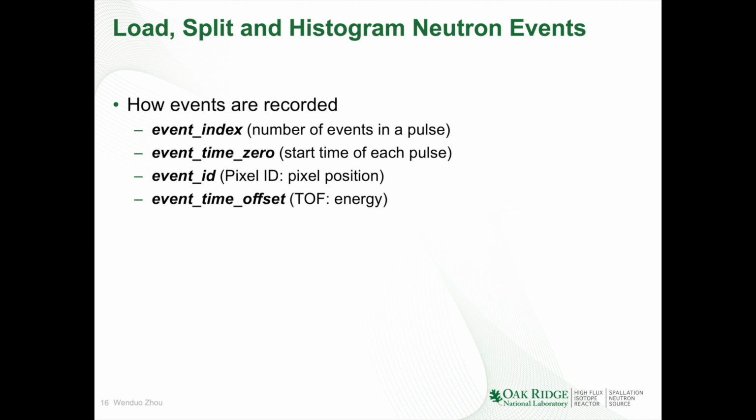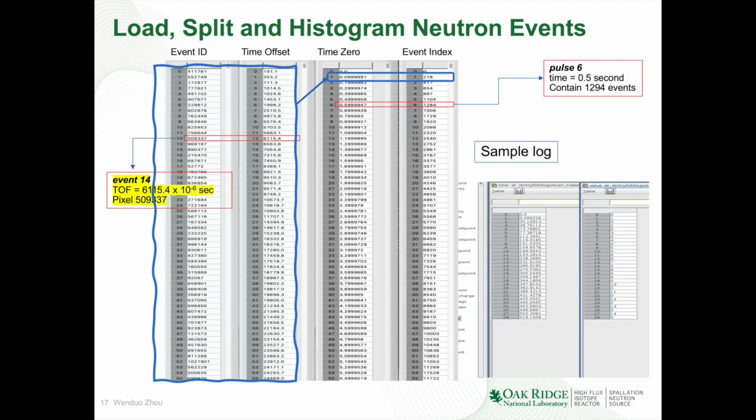Then, in the order of time that the neutron events are detected, a list of the relative time of each neutron event is presented. And there is another array, with the same size as the neutron events, which is the pixel ID for the neutron being detected. So we can use this one to calculate the position.